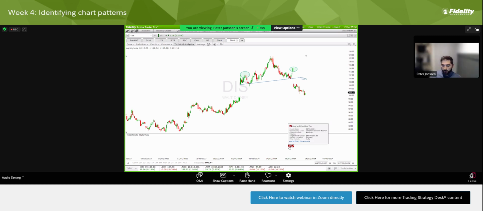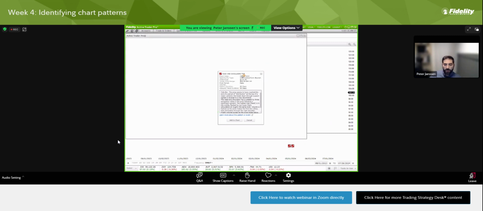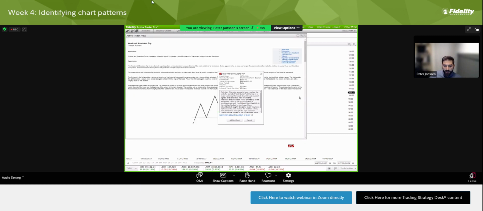The beauty here is, folks, if you click on the icon, it'll give you a little menu. The beauty is you can learn and simultaneously add it to the chart so that it's doing the heavy lifting for you. It's going to tell you a little bit about what we talked about so far. There's going to be a link that will launch out to the Recognia learning center, so to speak, and it'll tell you much of what we talked about before, maybe with a little bit of a different tone.